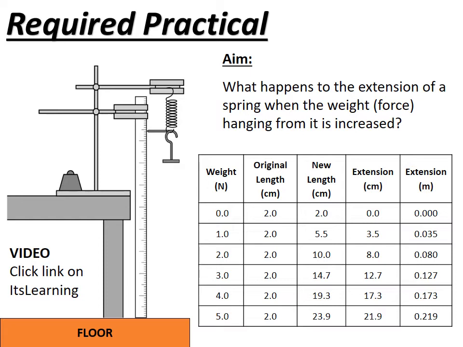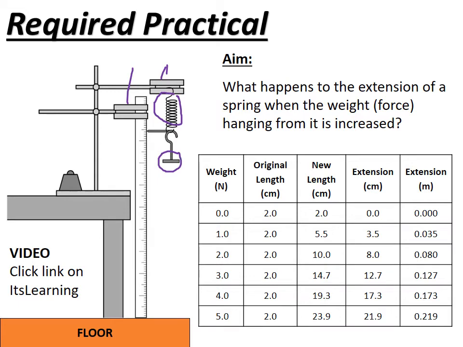Now, the data from that experiment on the video I've recorded in this table below, and let's just talk about this apparatus. So we had a spring here. There is a clamp here and another clamp here. Now, the first clamp, number 1, holds the spring, and on the end of the spring we have a hanging mass.